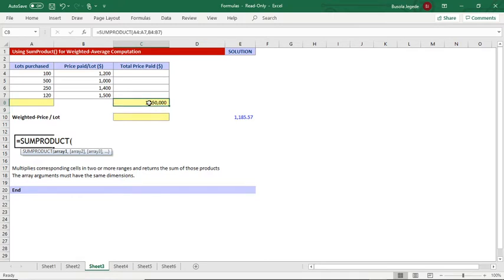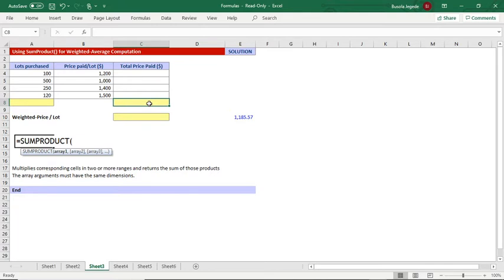But there's something you should note about selecting your arrays. Your arrays must correspond in number. So if I entered, maybe mistakenly, the first three, and for the second array I entered the complete four, it's not going to work. So you must make sure that your arrays correspond in number.